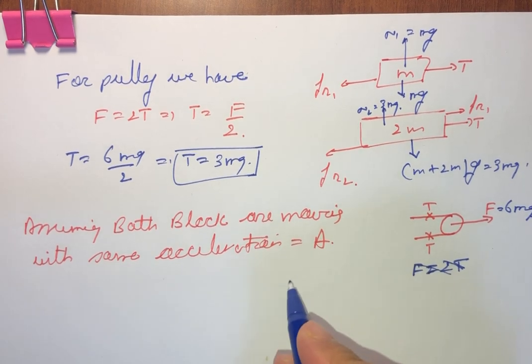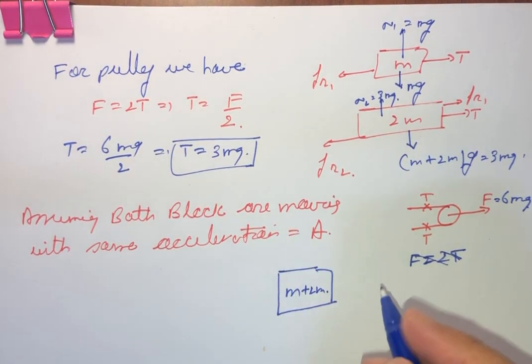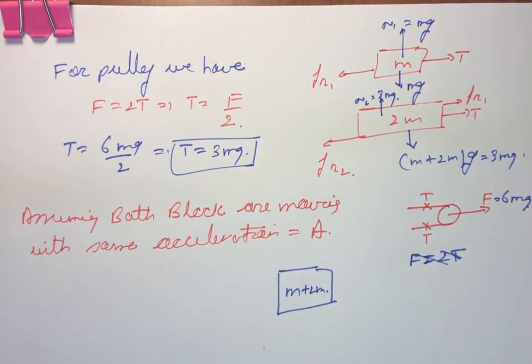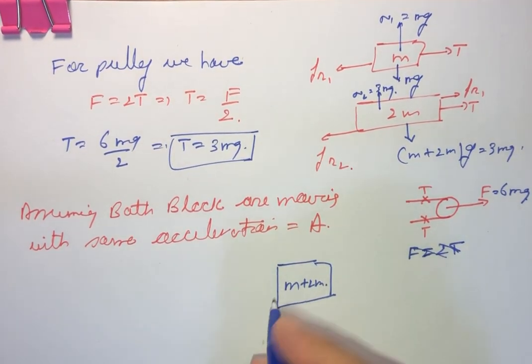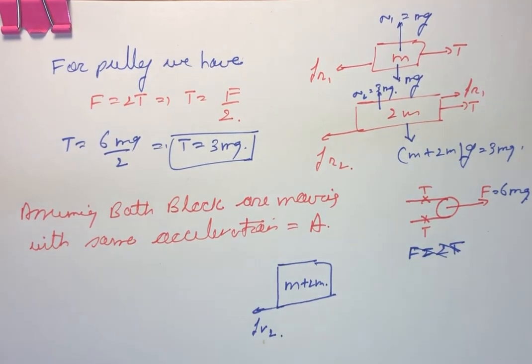So we have this will be m plus 2m. Okay, and there will be FR2.